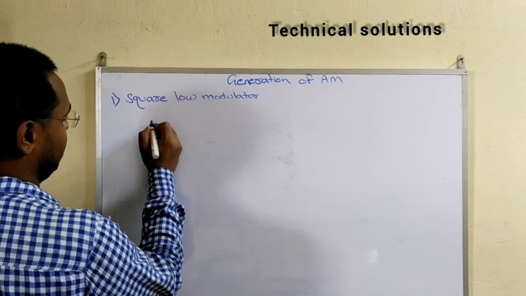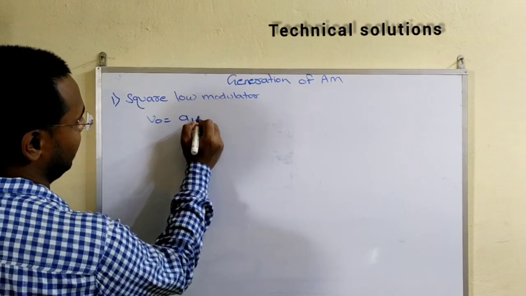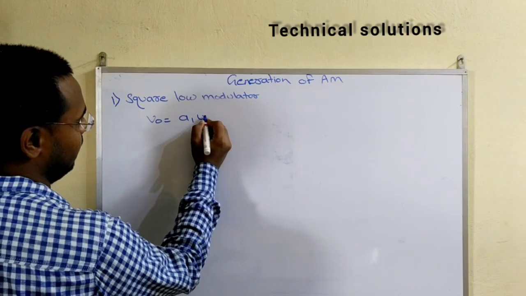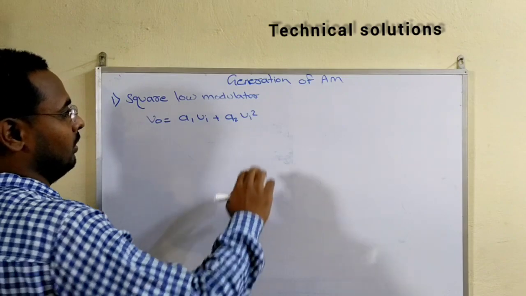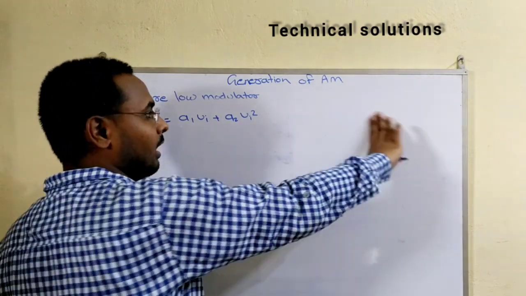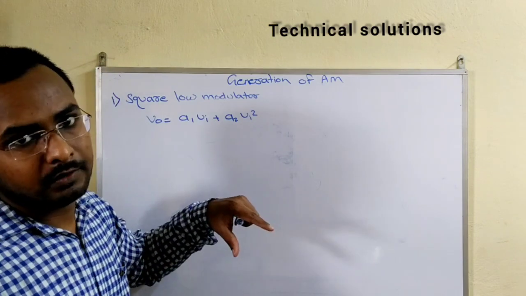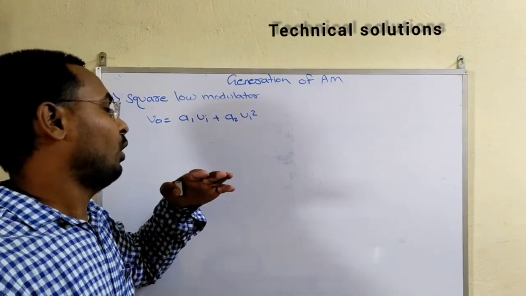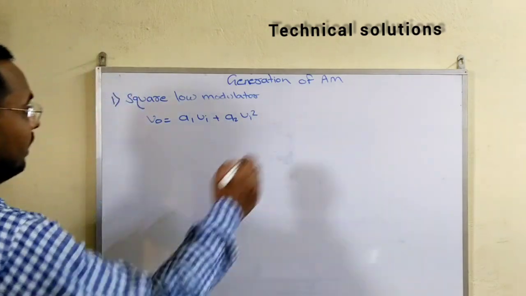In the architecture, V0 is given by A1 VI plus A2 VI square. We neglect all other harmonic terms because we use a band pass filter, which automatically removes other harmonic terms.